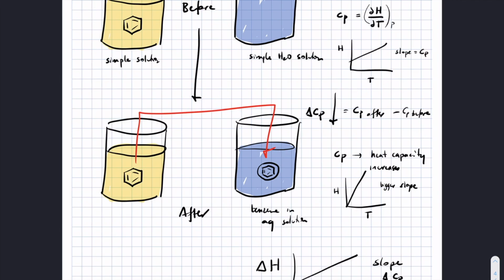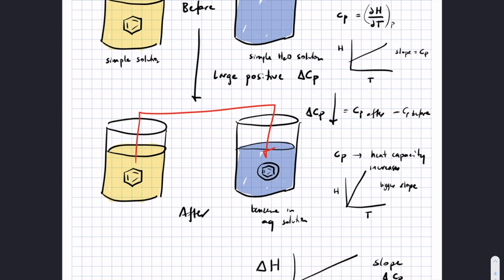But in general, for dissolving benzene in water and for other processes where you increase nonpolar surface area, you have large positive values for delta Cp. And that turns out to be a hallmark of processes that are driven by the hydrophobic effect. It can be difficult to rationalize this, so I did want to talk about it for just a little while.